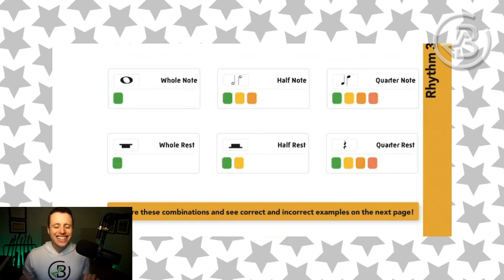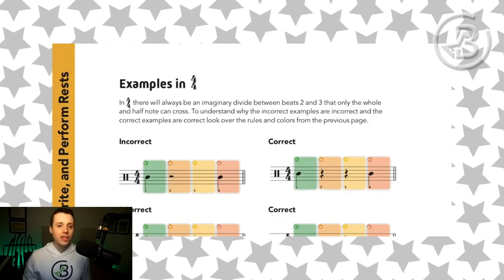There is one key concept for you to understand before we look at correct and incorrect examples for 4/4 and 3/4 using a combination of notes and rests, and that is the imaginary divide between beats 2 and 3 when we are in 4/4 or common time. This imaginary divide, nothing can cross it.